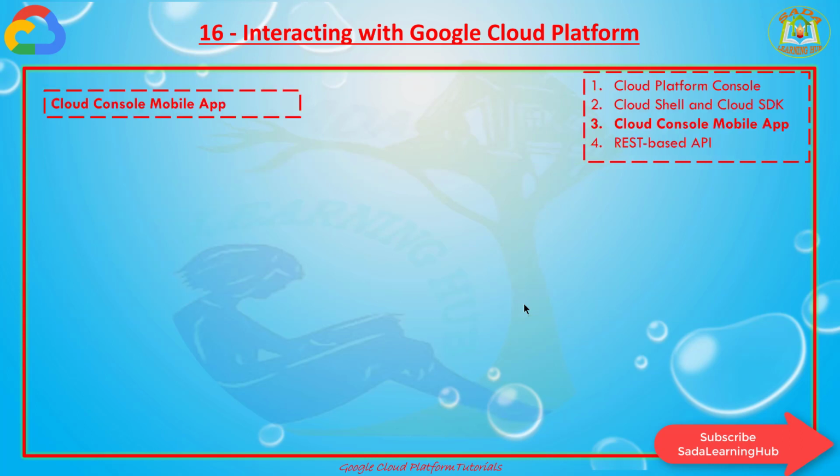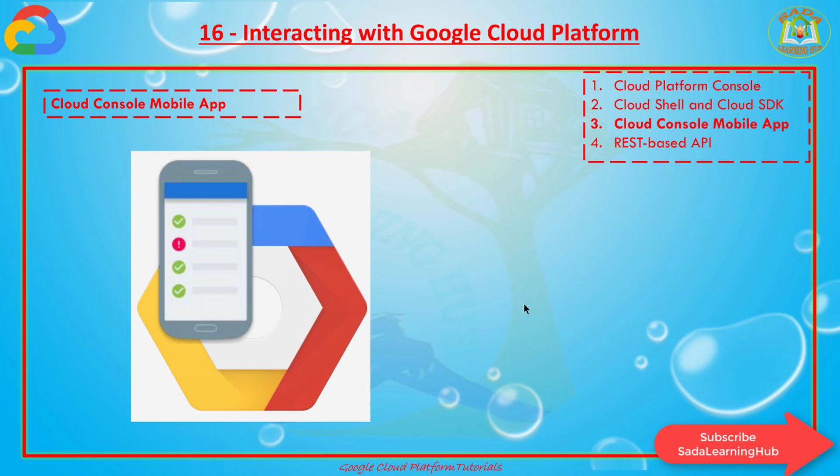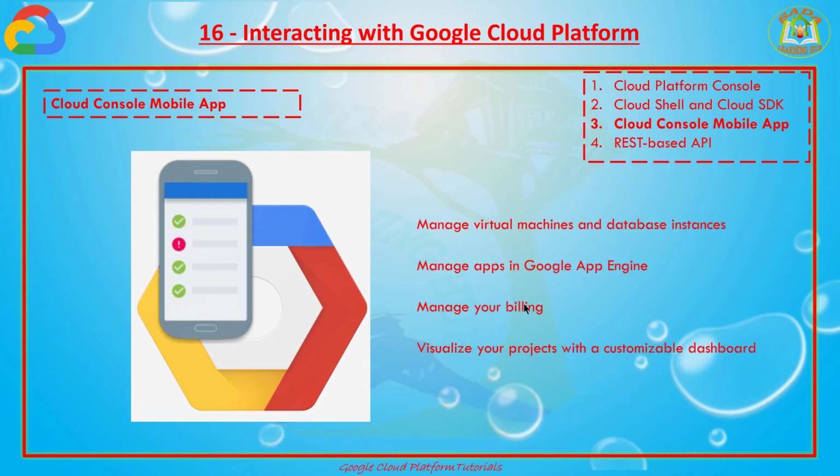And the final one is, if you want to interact with the GCP, you can also use mobile apps. The mobile apps allow you to start, stop and SSH into Compute Engine instances and to see logs from each instance.